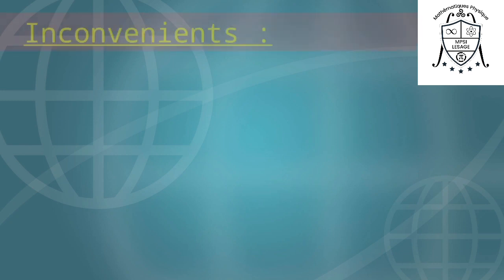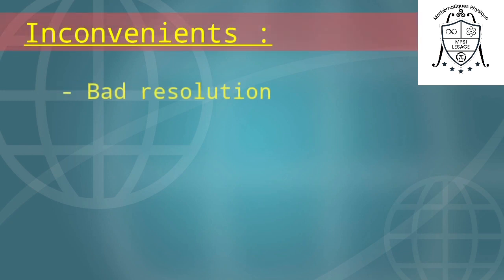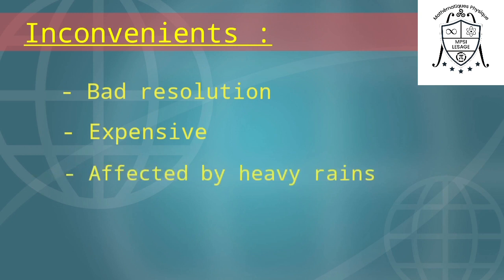However, this technology has some cons. Indeed, a camera has a better resolution and this system is still very expensive. In addition, LIDAR pulses may be affected by heavy rains or low-hanging clouds because of the effects of refraction.